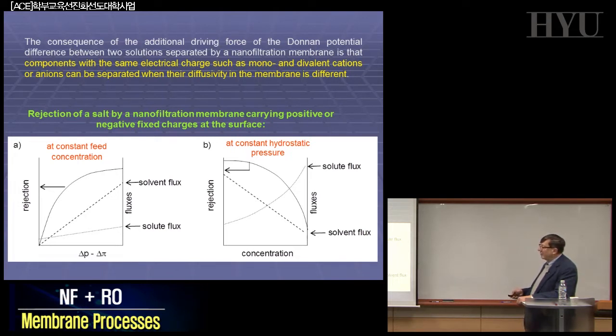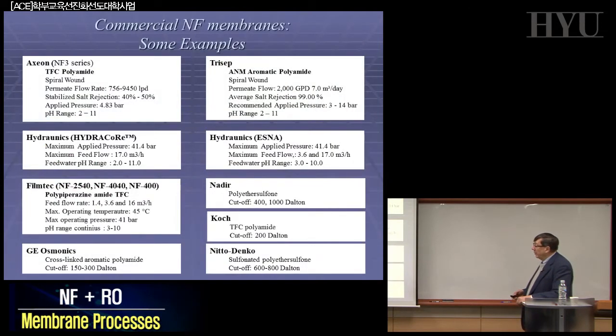The solute flux, on the opposite, is still increasing, and that is the behavior, the overlapping of these two plots. Assuming that here is a constant hydrostatic pressure, and here was a constant feed concentration, obviously, you have this kind of behavior. That means the overall fluxes are just decreasing with increasing concentration.